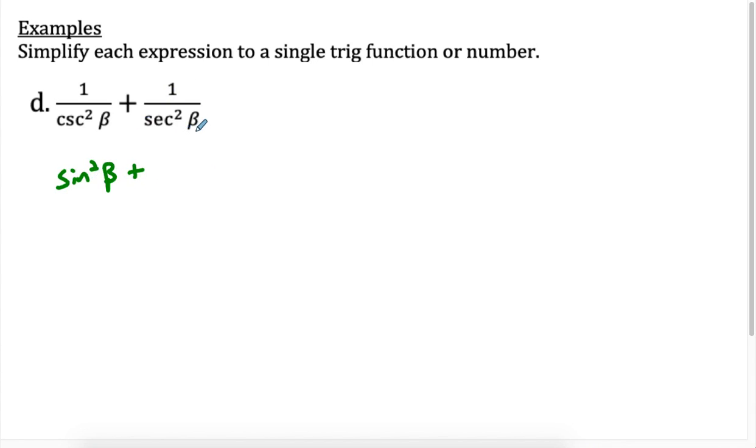The reciprocal of secant is cosine. So I can say this is cosine squared of beta. Well, this is just my original Pythagorean identity, right? Sine squared plus cosine squared is just equal to 1. So my answer here is just 1.